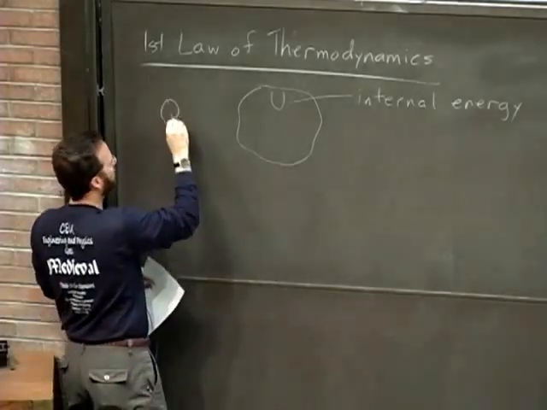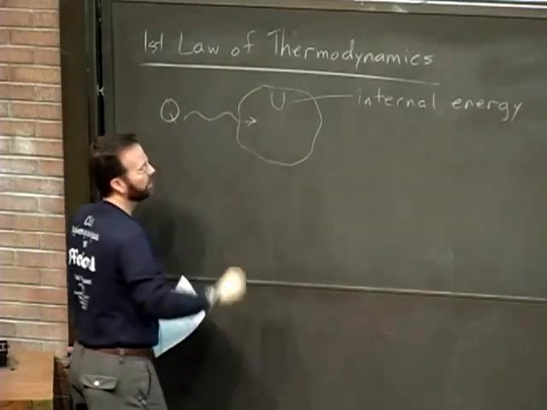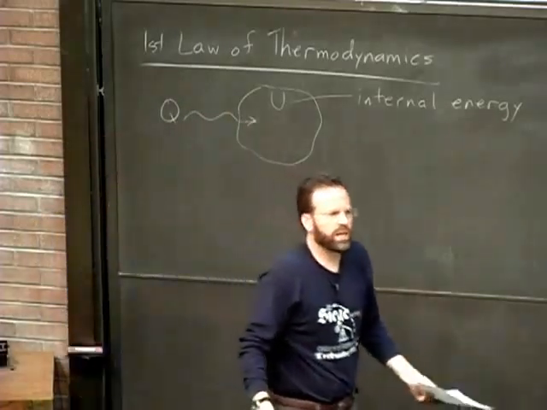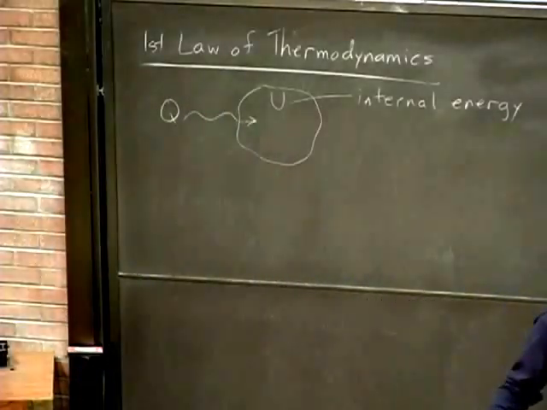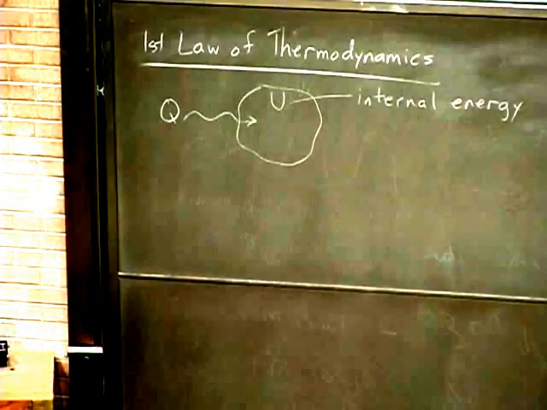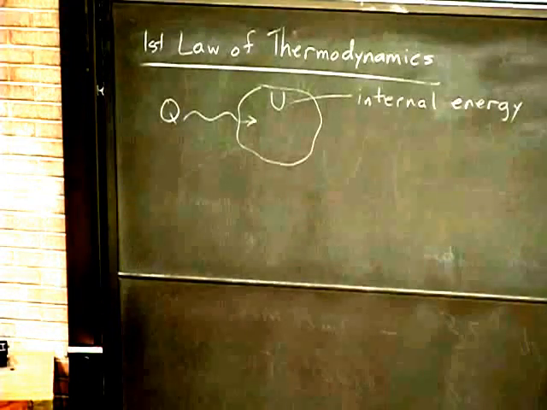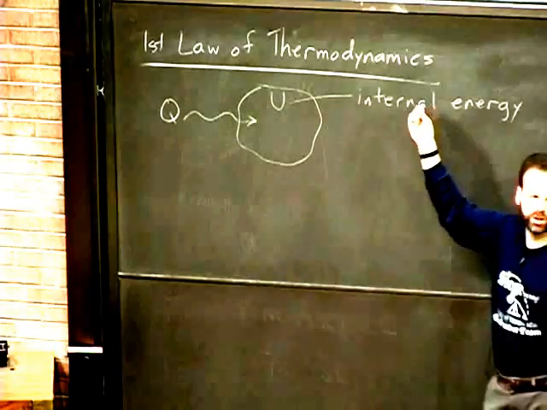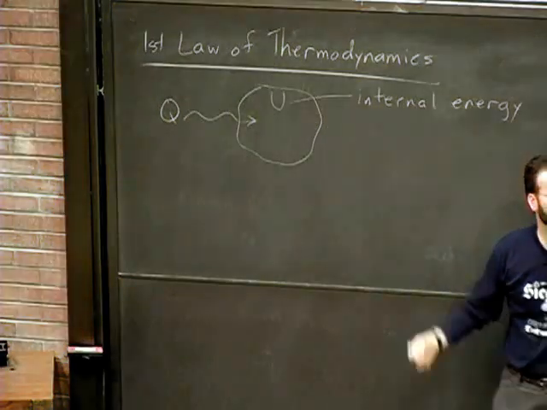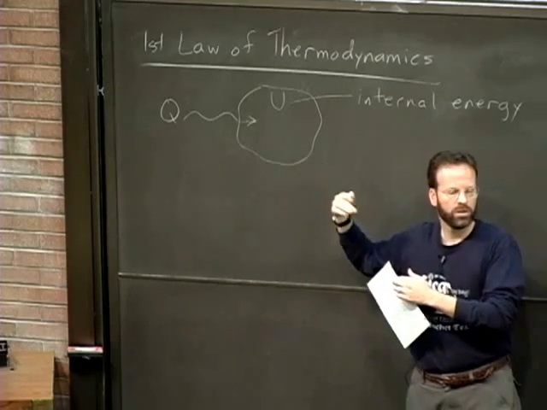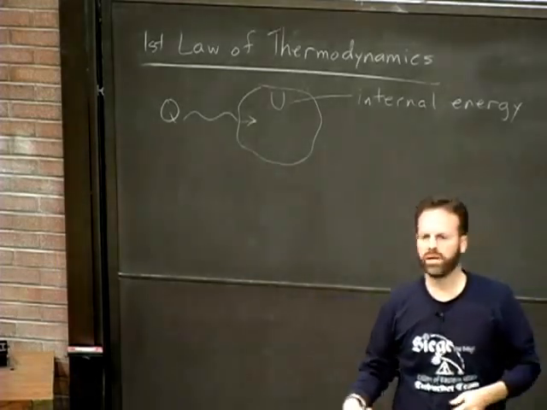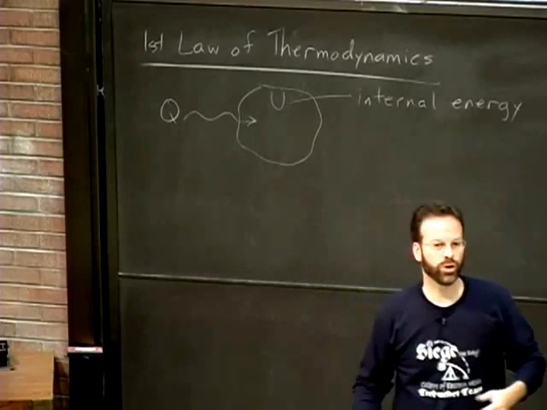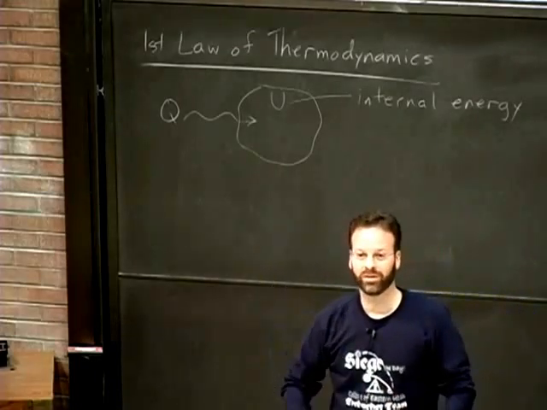If we add heat, this should make sense to you. What can happen to this system? What's one thing that could happen? It could rupture. Yes, its internal energy would increase. But see how energy is conserved? What else could happen if you were to sit under this lamp and you're the system and we're adding heat to you?